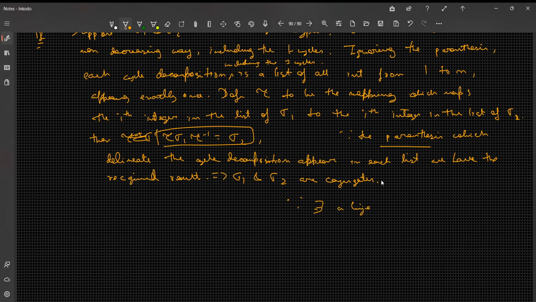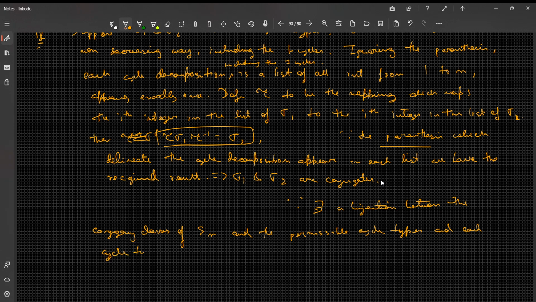Since there exists a bijection between the conjugacy classes of Sn and the permissible cycle types, and each cycle type is a partition of n, right?